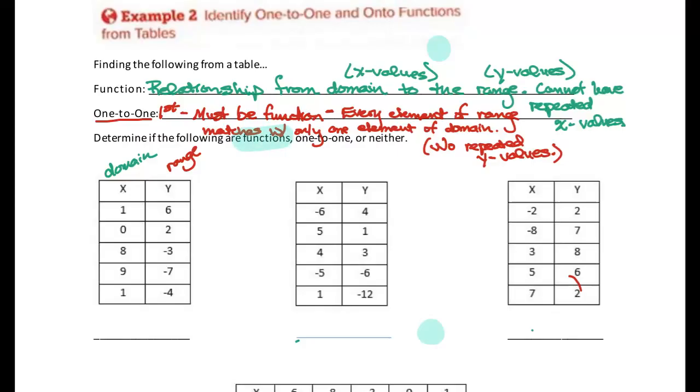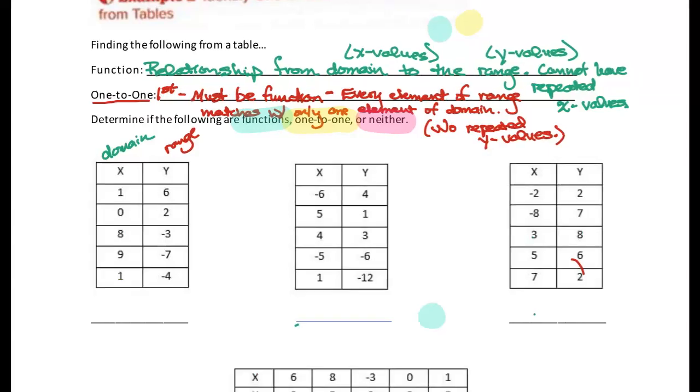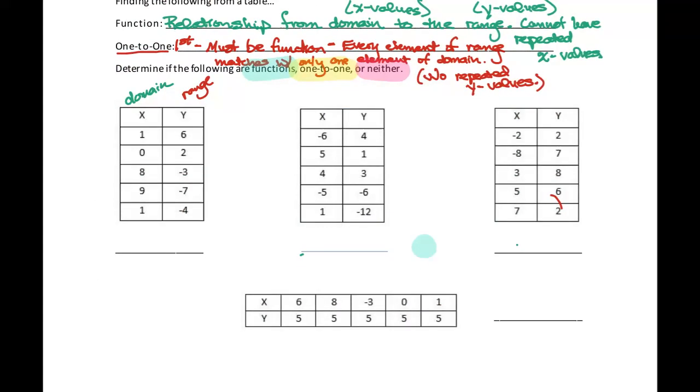And then if it's a function, is it a one-to-one function? Or is it neither? So is it a function? If it's a function, is it one-to-one or is it neither?